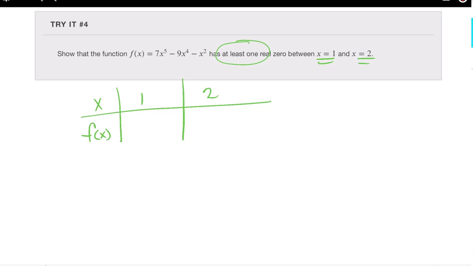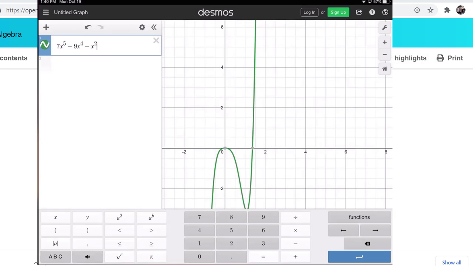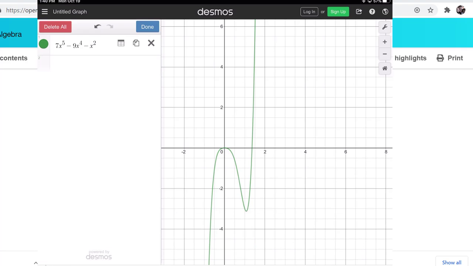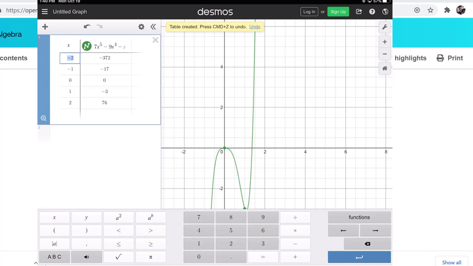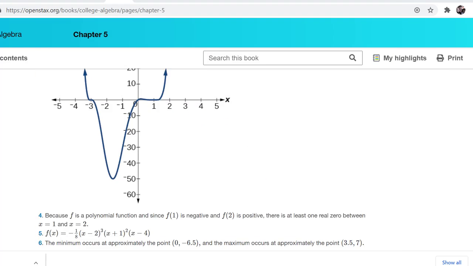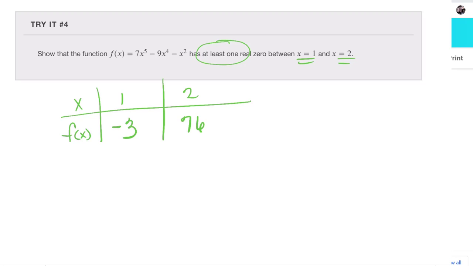So I went ahead and I went to Desmos and I typed in this expression, and I want to make a table. And if you look, we can see that 1 is negative 3 and 2 is 76. 1 is negative, 2 is positive, so that means there is a 0 in between.